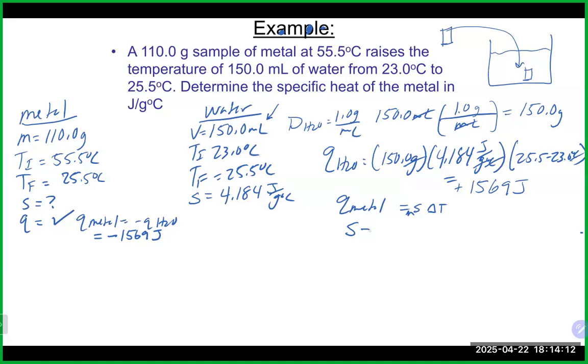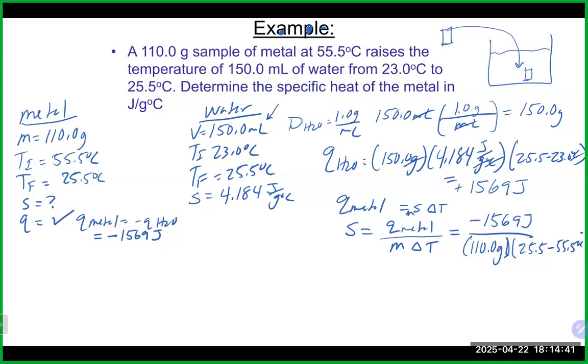And S here of our metal would be Q of our metal divided by m delta T. Taking our Q, again, the negative version here, our mass of our metal, which was 110 grams. And again, here we do want to go final minus initial, get our negative that we need to get rid of the other negative. So that's going to be 25.5 minus 55.5 degrees Celsius there.